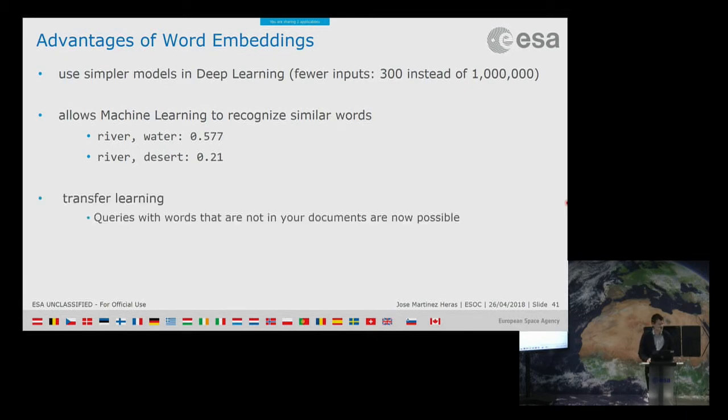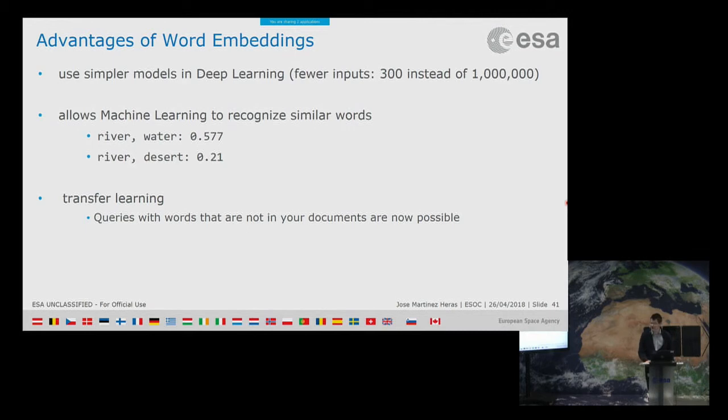And for me, the best is transfer learning. Imagine you have very few documents yourself, like 1,000, and somebody makes a query that doesn't use exactly the same terms or words that are in your document. With this approach, since you're reusing a lot of words, it can figure out that some words are similar to the words you have yourself, so it doesn't need to be exactly the same word to be found.